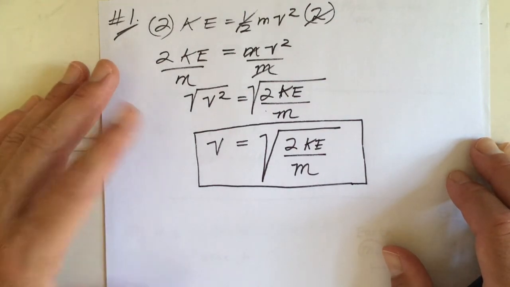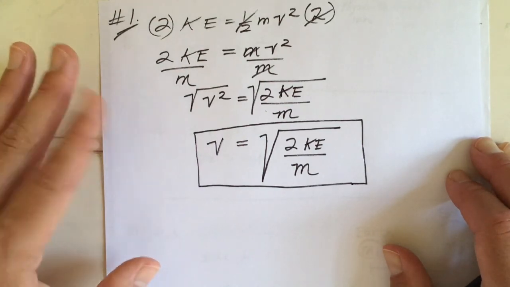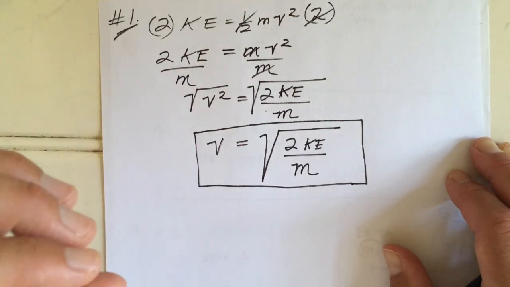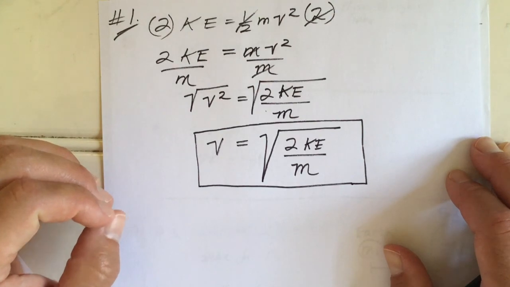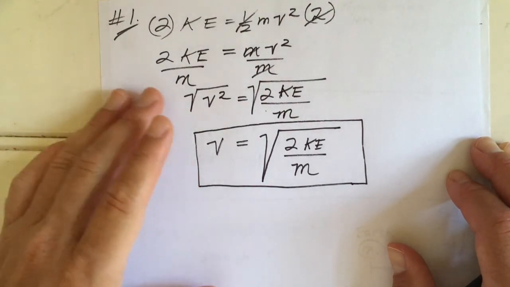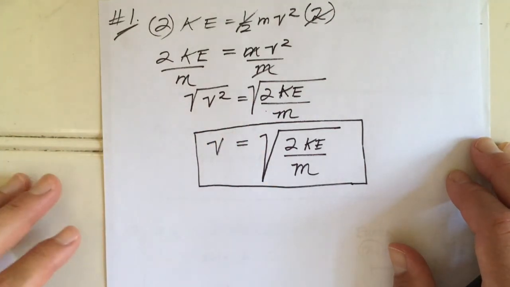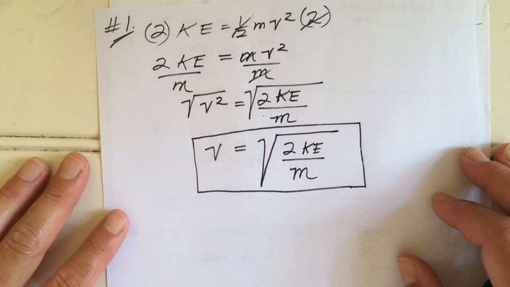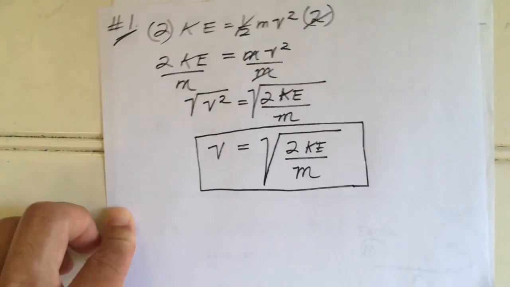Sometimes when we square root things, we get a positive or negative as well, and sometimes we have to throw one of those answers out because only one of them works or makes sense. Here we're not really worried about that. We're just going to write v equals the square root of 2 Ke over m. All right, so there we go.